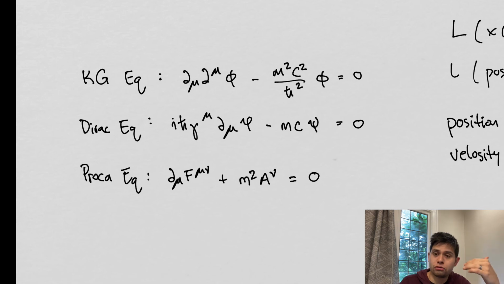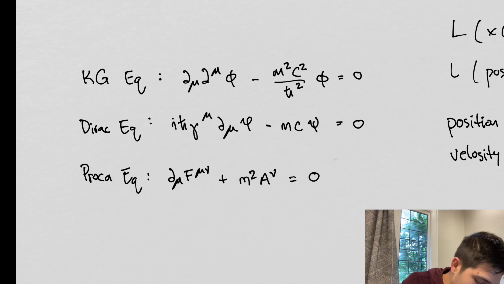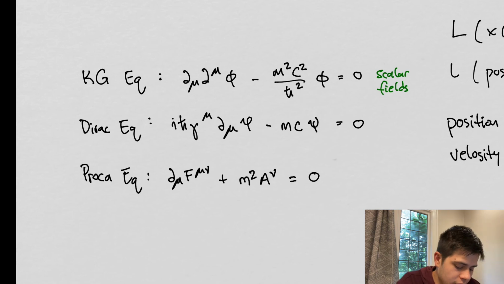We have a Dirac-Lagrangian, such that when we perform the Euler-Lagrange equations on it, we'll get the Dirac equation, okay? And this is going to describe spinor fields. So the Klein-Gordon equation is for scalar fields. The Dirac equation is for spinor fields.